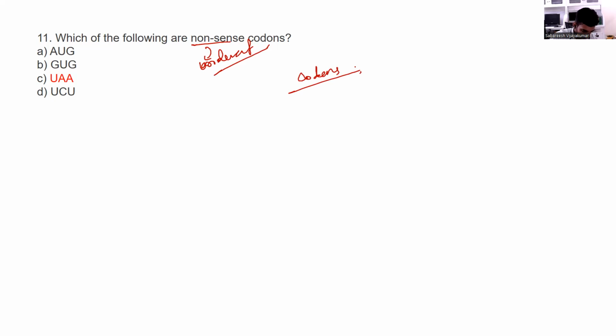As I said before, codons carry genetic information as a three-member sequence of A, U, G, and C, but there is a particular arrangement for such sequences. So one of them is not valid, and you need to identify which of them is invalid. It's AUG, GUG, UA, or UC. At first glance you can see UA is not valid, because two are coming together.